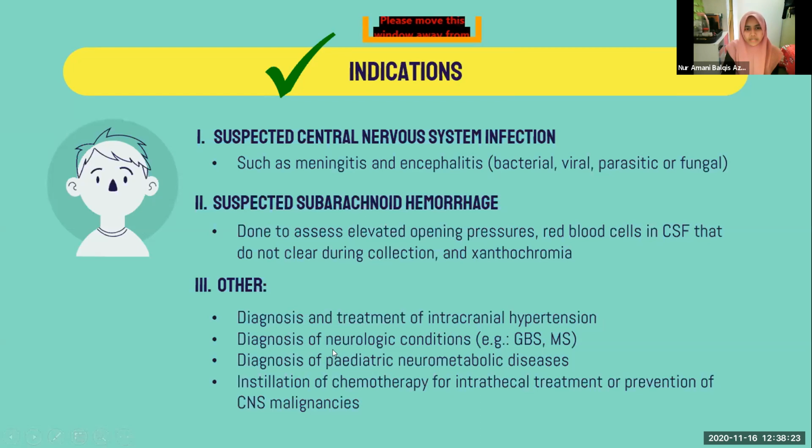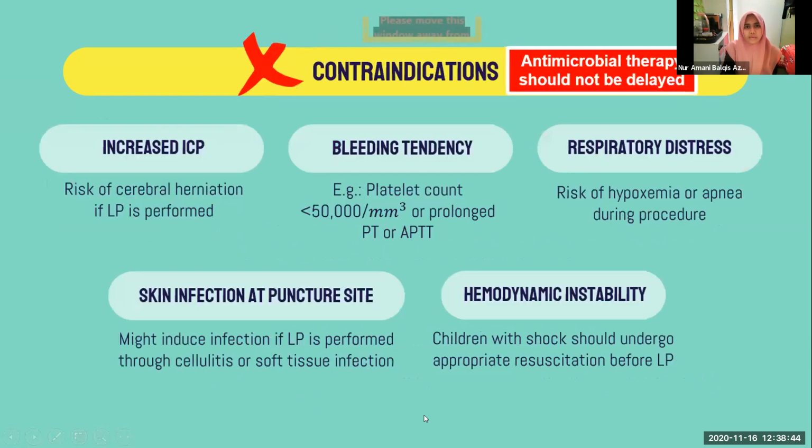It is also done to diagnose neurologic conditions in pediatric patients such as Guillain-Barré syndrome or multiple sclerosis. It can also be done to diagnose pediatric neurometabolic disease, to instill chemotherapy drugs, and also to prevent CNS malignancies.